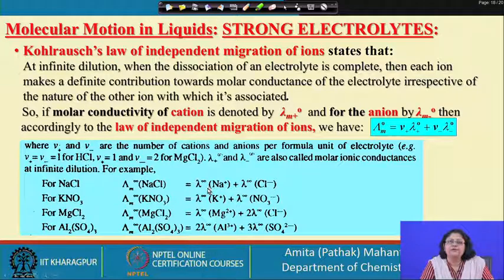So, for sodium chloride it is going to be 1, so it is 1 sodium ion. These values you can get in a handbook, and this also you can get in a handbook. So, you can find out the value of the molar conductance at infinite dilution. Similarly, if you are taking magnesium chloride, you have one magnesium ion, so nu plus is equal to 1 and nu minus is going to be 2.